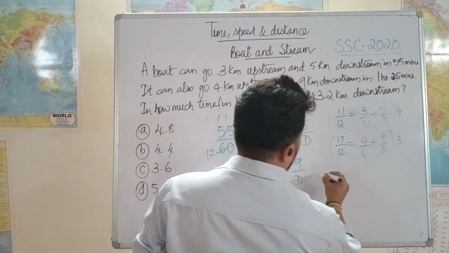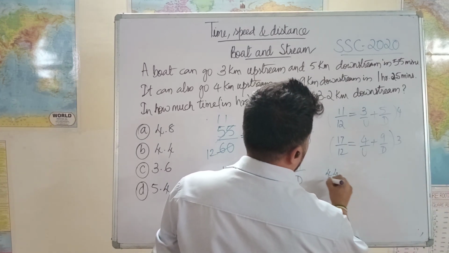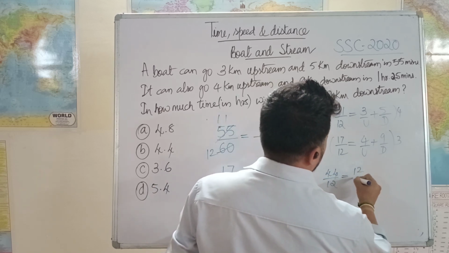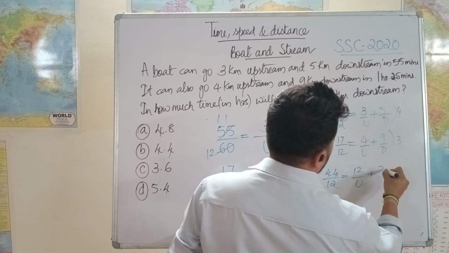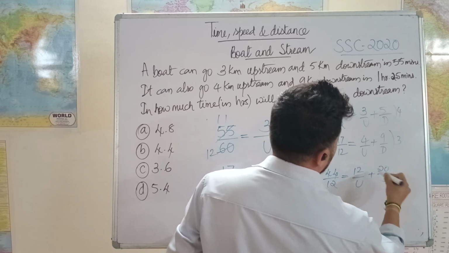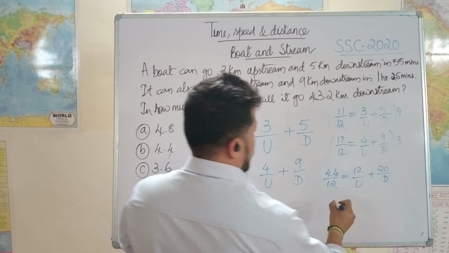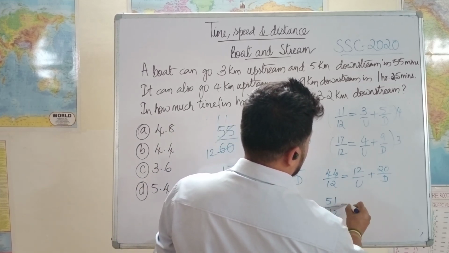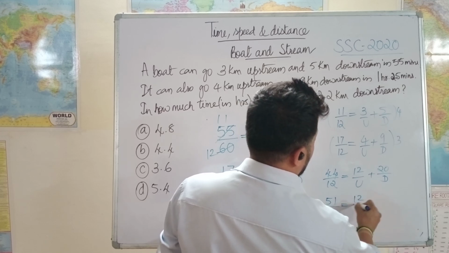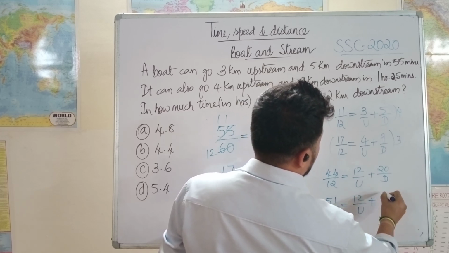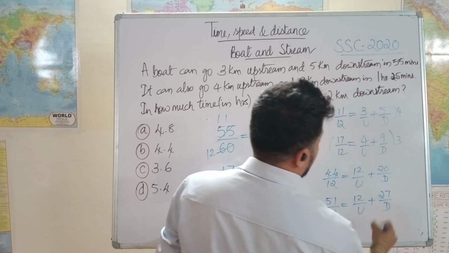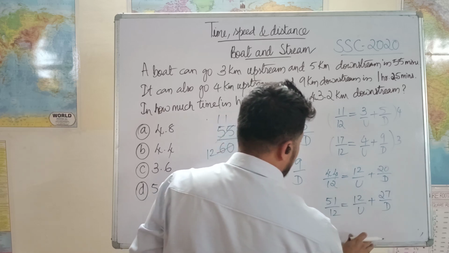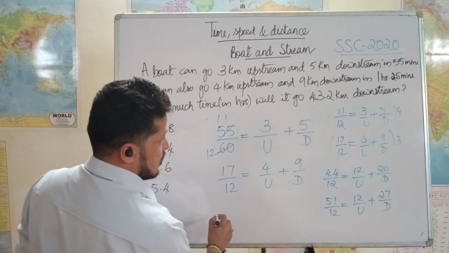So I get 44 by 12 is equal to 12 by u plus 20 by d. Similarly here I get 17 into 3, 51 by 12 is equal to 12 divided by u plus 27 divided by d.